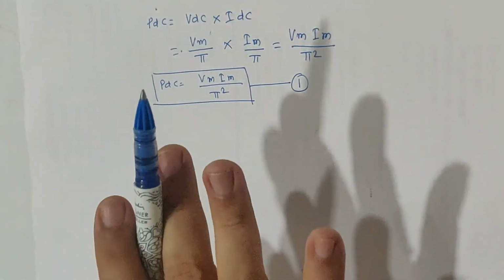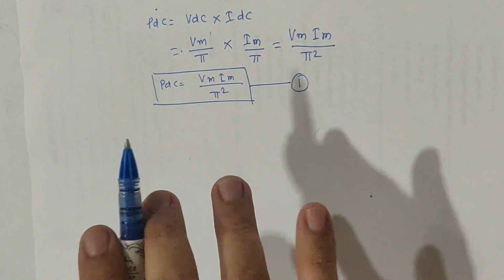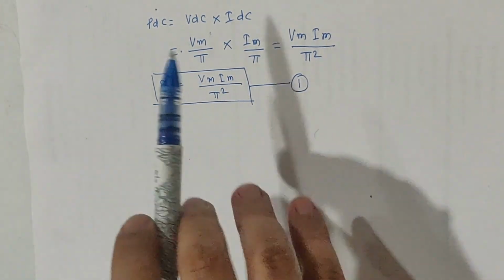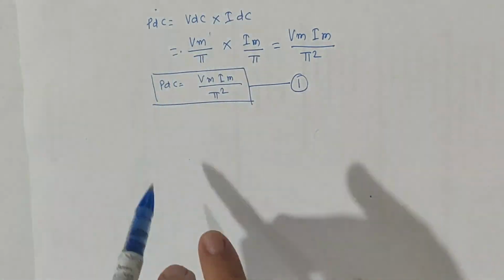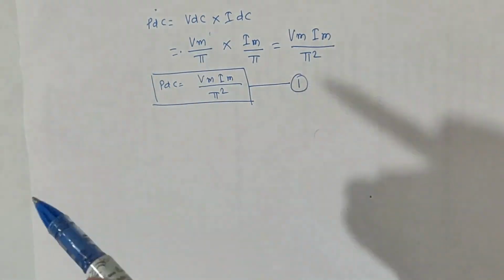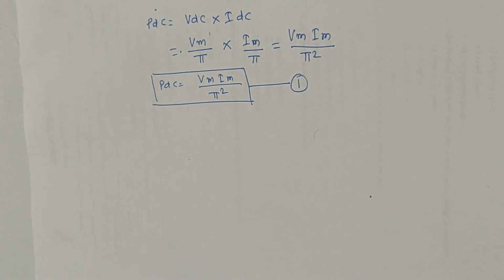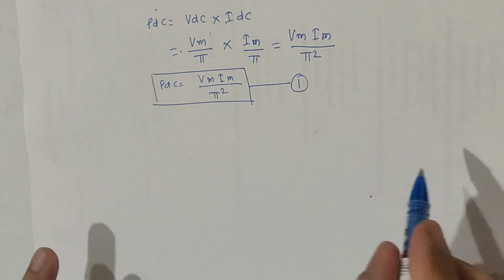In the similar way, I will be calculating the AC values, that is VRMS and IRMS, and from VRMS and IRMS I will be calculating AC power. And once these two powers are available, then we will go for the efficiency. Okay, so in the next lecture let us see the remaining values.